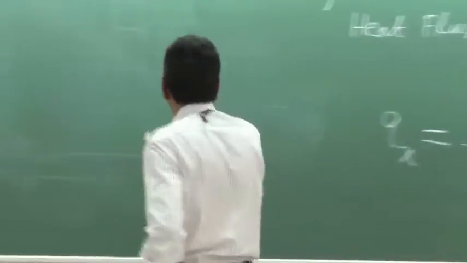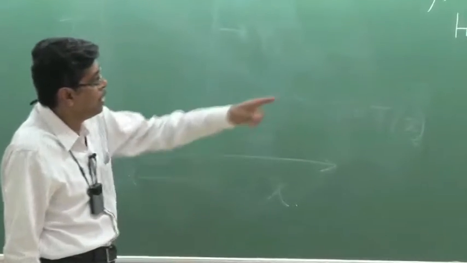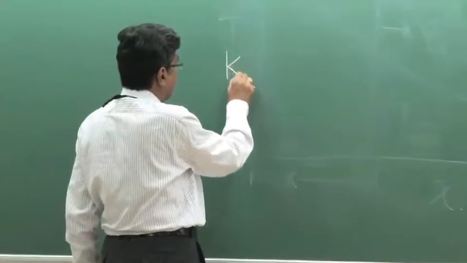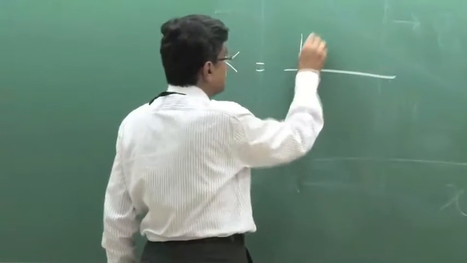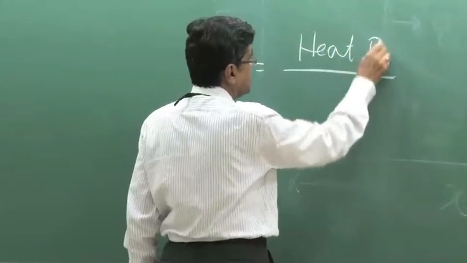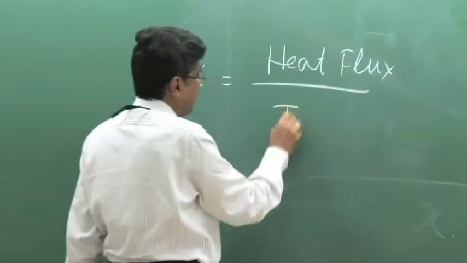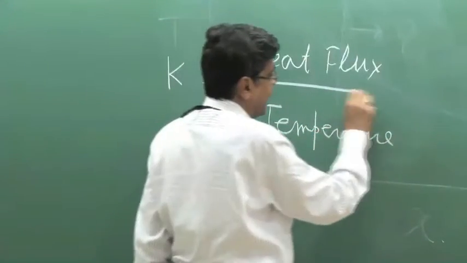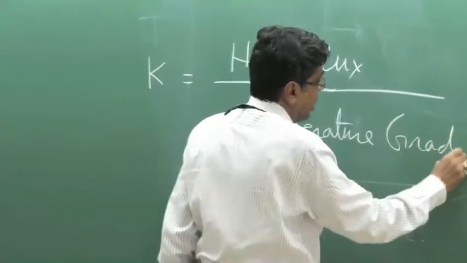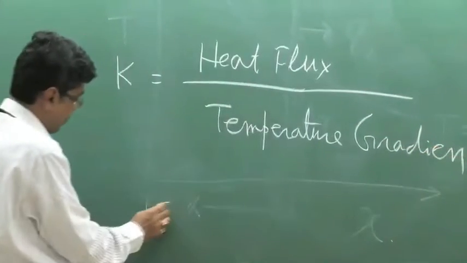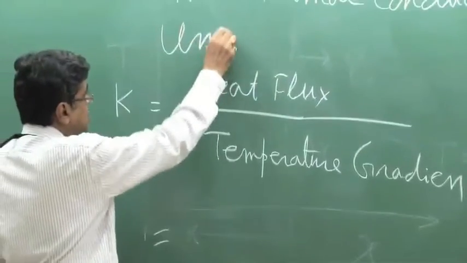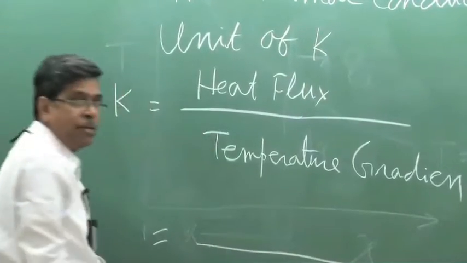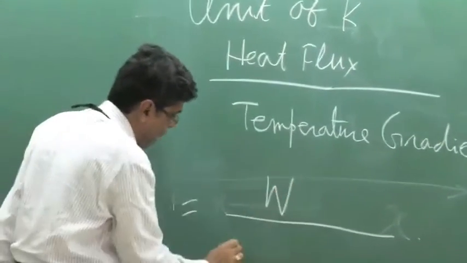Now the unit of thermal conductivity is very simple, because it is heat flux divided by the temperature gradient. In SI, heat flux is defined as heat flow per unit area, watt per meter square.